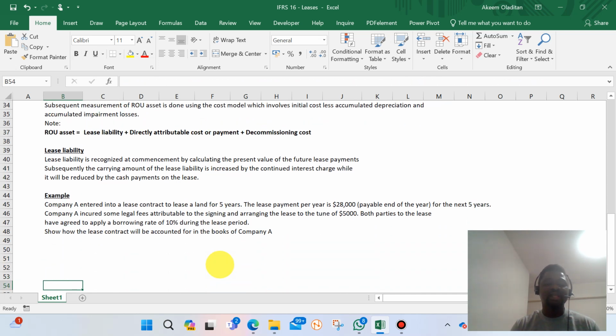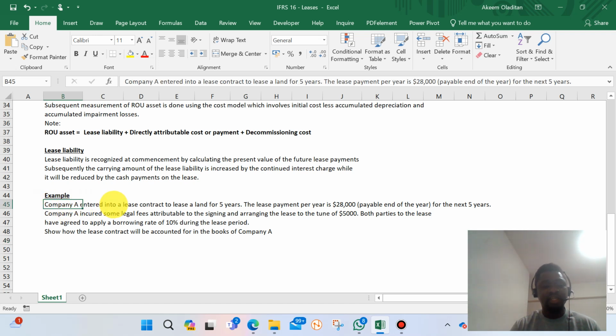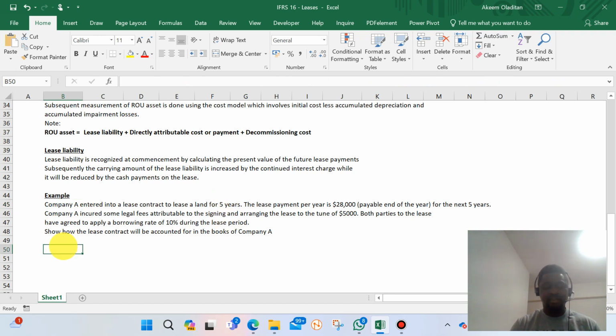So let me look at a simple example I made here, so let me just use that to describe how it will look in the books of the lessee. Looking at the question here, I said company A entered into a lease contract to lease a land for 5 years.